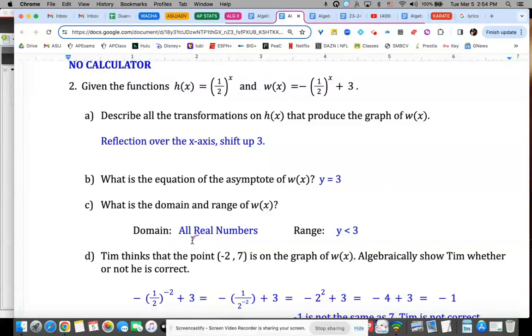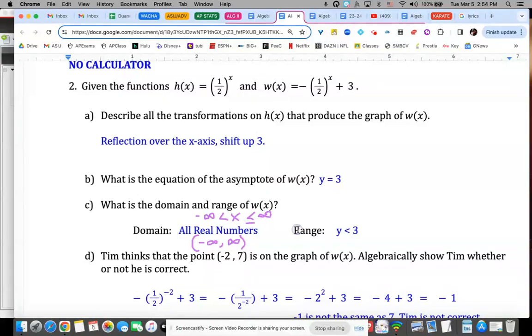Now you can say these in different forms. The all real numbers could be written with the parentheses and negative infinity to infinity. This is called interval notation. You could do the same thing with inequality notation and have it look like this with the infinities on it. We do not have it equal to.